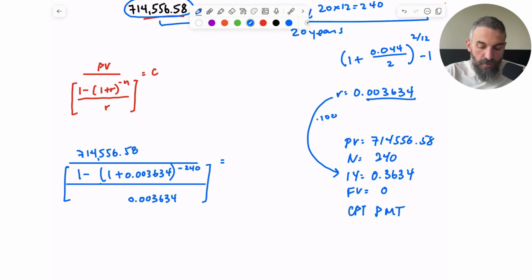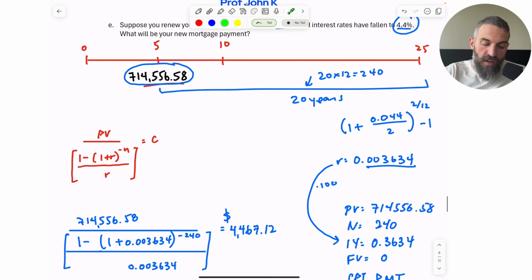I get a payment of $4,467.12. So this now becomes your payment for the next 5 years. Great.